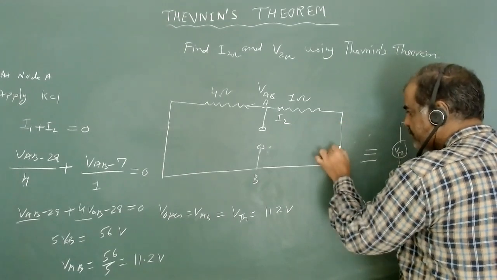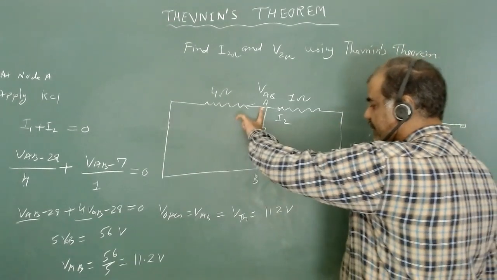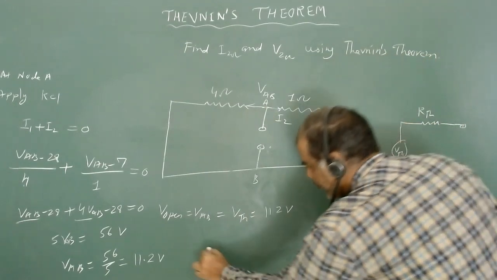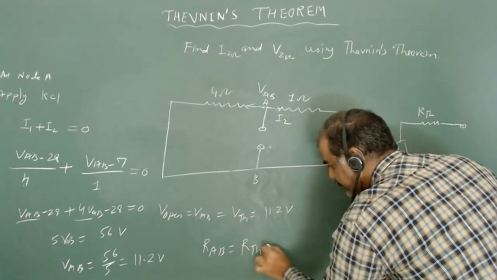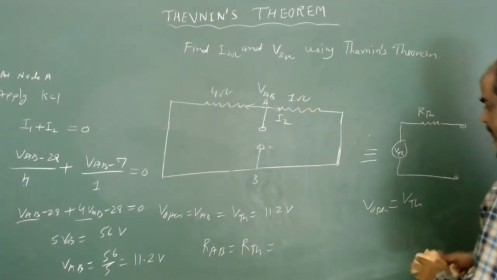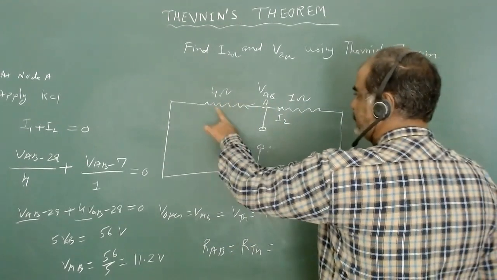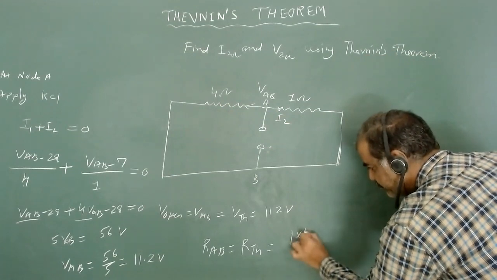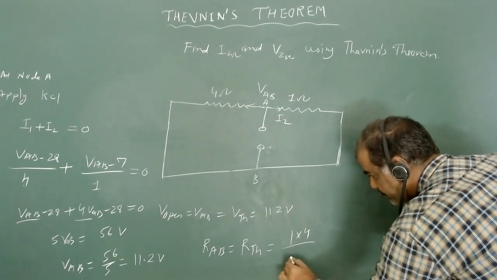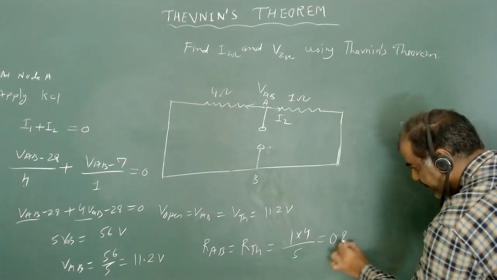This is to calculate the input resistance RAB, so my RAB is equal to R Thevenin. Since these two resistances are parallel, the equivalent resistance will be 1 times 4 divided by 5, equal to 0.8 ohm.